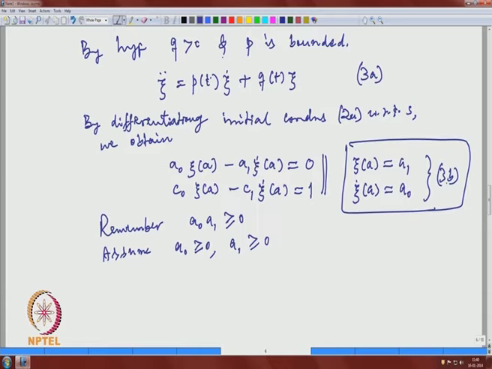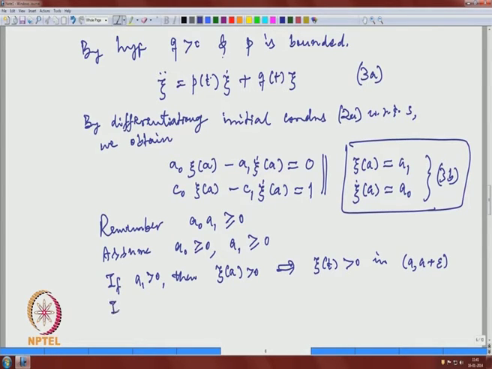And look at the conditions 3B. So, if A1 is positive, then J of A is positive, and this implies J of T is positive in a small neighborhood in this interval A to A plus epsilon. So, there is no problem there.